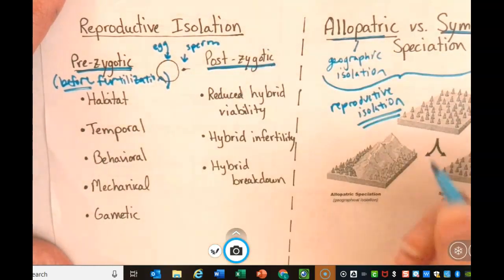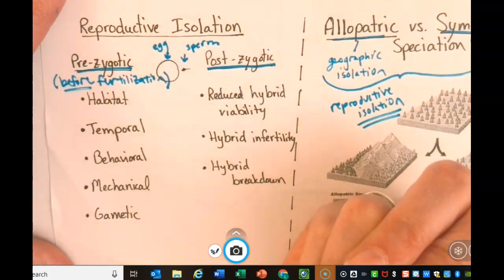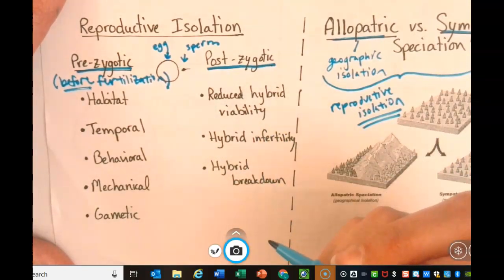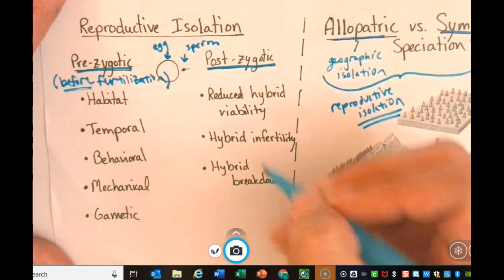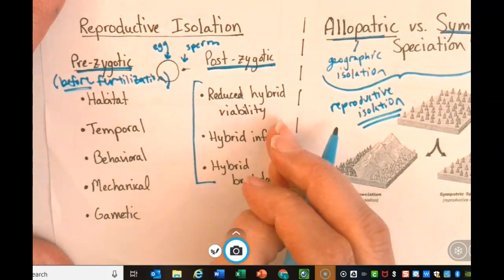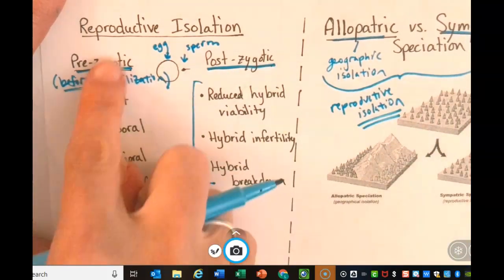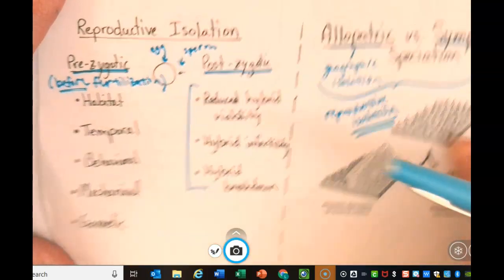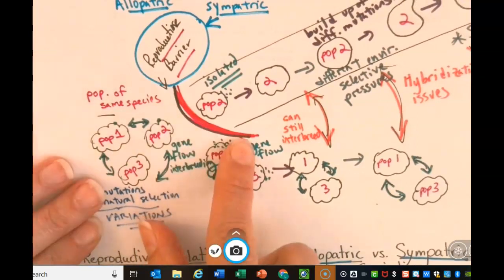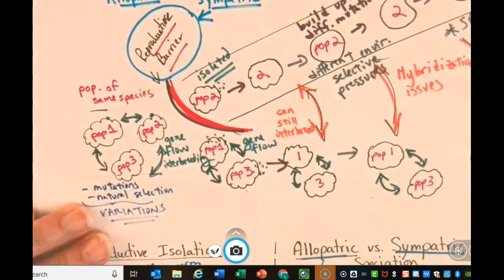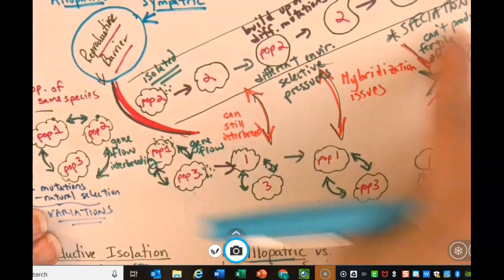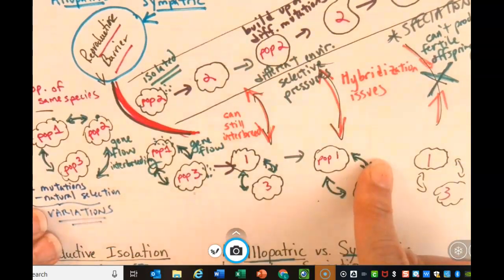Postzygotic isolation is after fertilization has occurred and can include reduced hybrid viability, hybrid infertility, or hybrid breakdown. These usually occur further down in the separation. So these prezygotic methods and this geographic isolation is really what's probably going to cause this initial reproductive barrier. And then these postzygotic isolations are probably what's going to reinforce that separation in this hybridization issues of speciation.